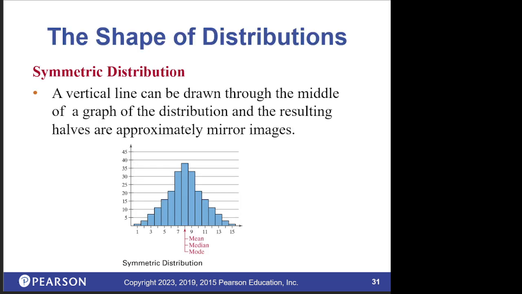All right, so distributions will end up having shapes. A symmetric distribution or a roughly symmetric distribution has mirror images. It falls off equally or rises equally in each direction from the middle. And in this case, then the mean, median, and mode will all be the same.